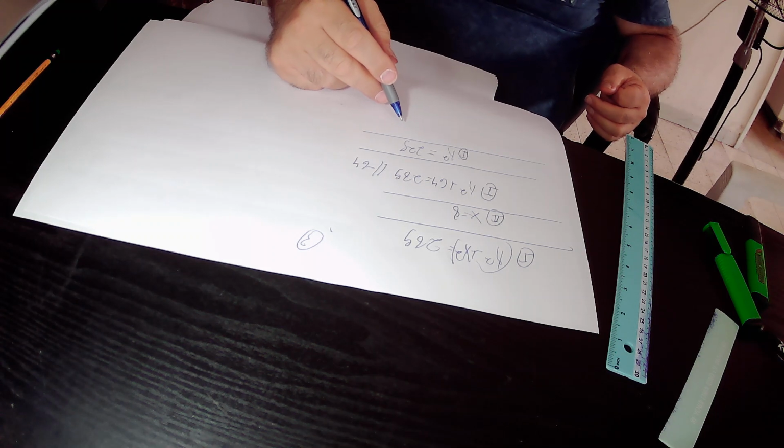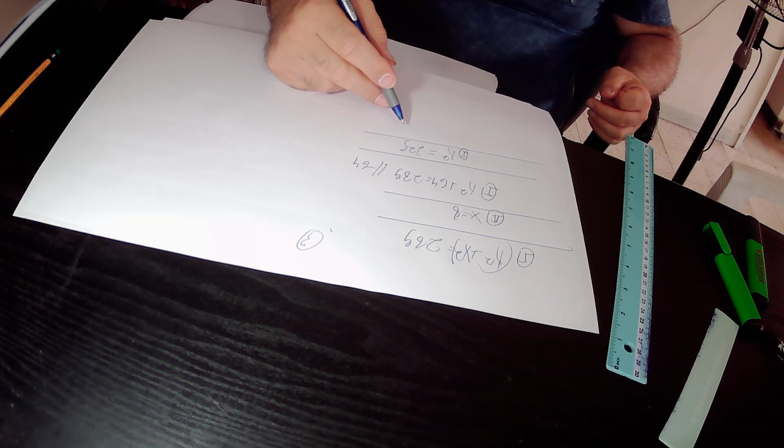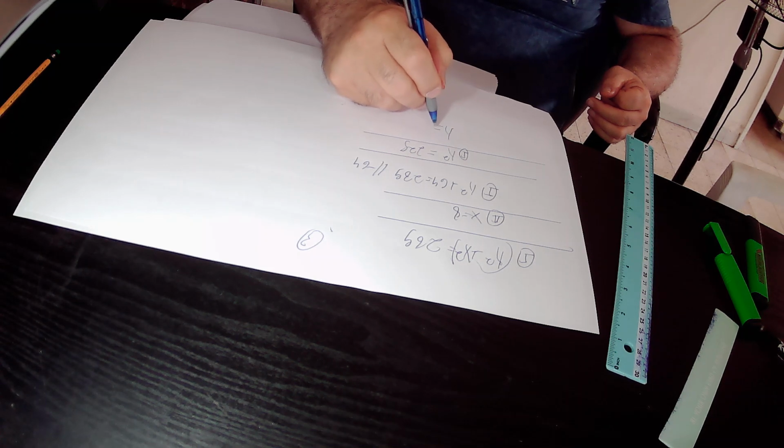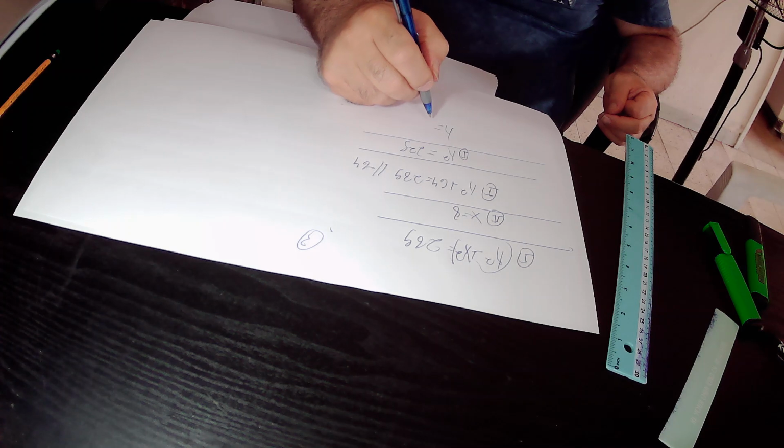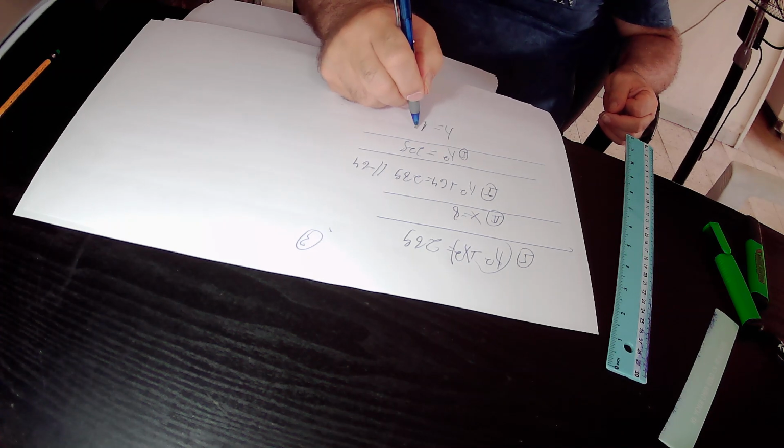Here we take the root, and finally get that h is equal to the square root of 225, and the square root of 225 is 15.